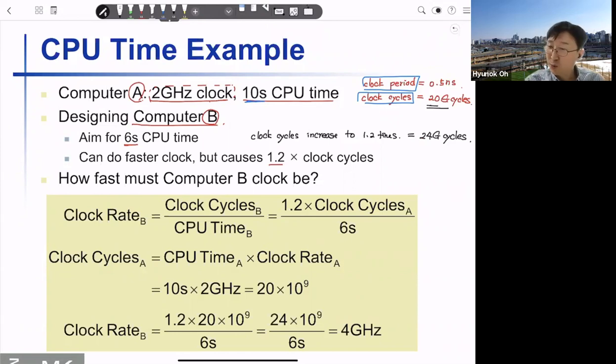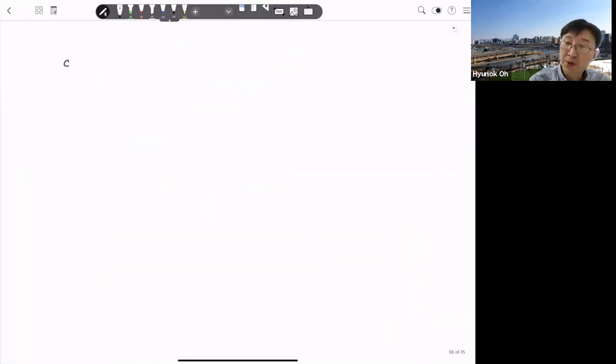And our aim is that CPU time should be 6 seconds. Then what is the clock frequency? We already know that CPU time is clock period times clock cycles. CPU time should be 6 seconds. Clock period, we don't know that. Cycles are 24 gigacycles.